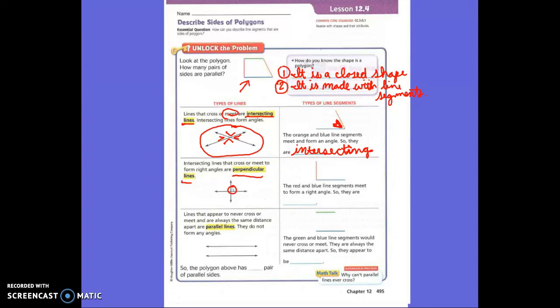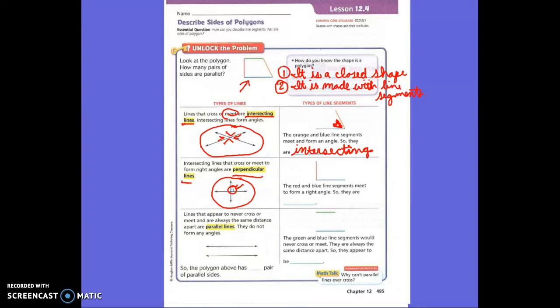Now they're still intersecting, but they're also perpendicular. There are two types. It's intersecting because they cross each other, but it's also perpendicular because of the right angle.